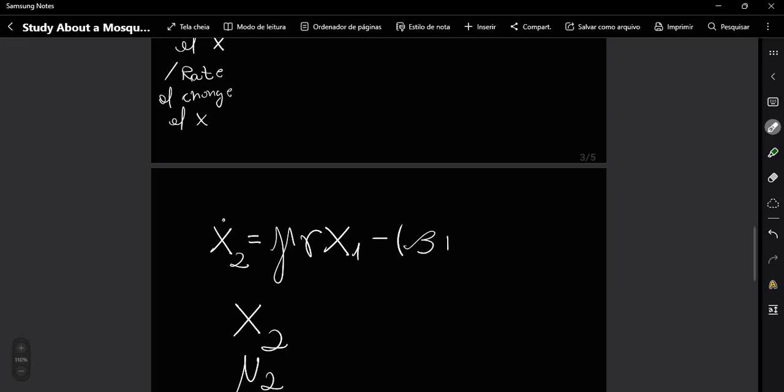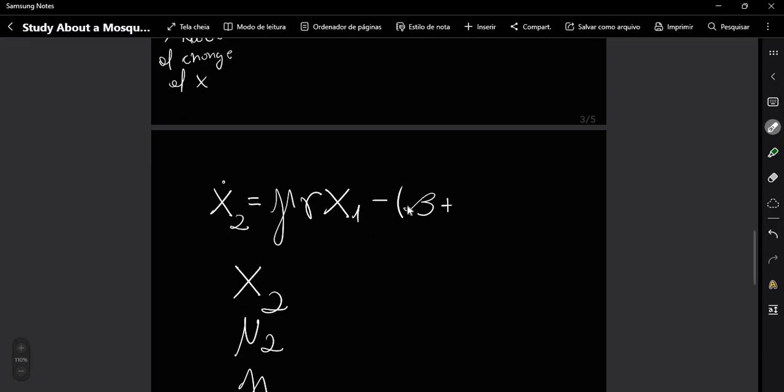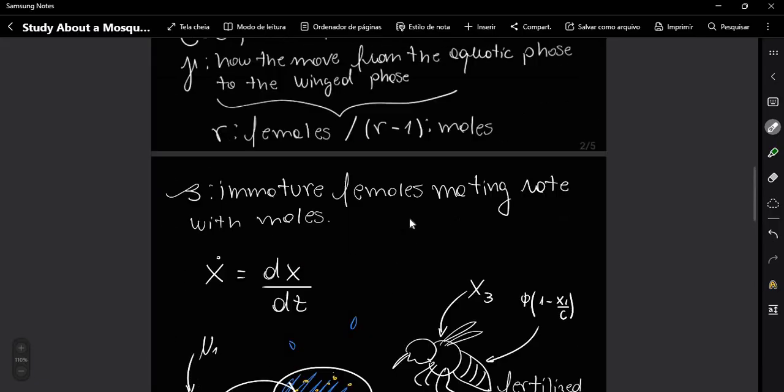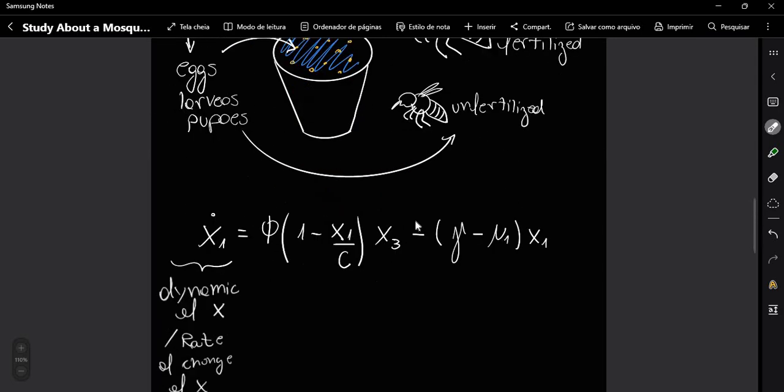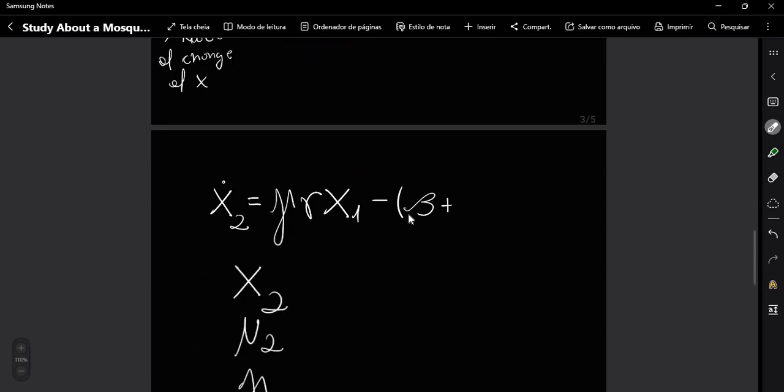And we also need to consider the mortality rate on this stage. So we need to consider the individuals that die. So mu2, which is the mortality rate.